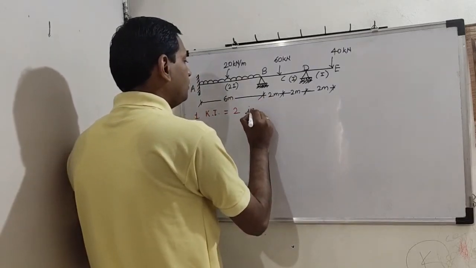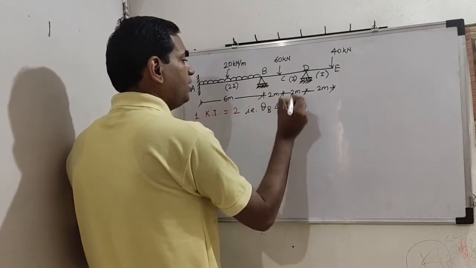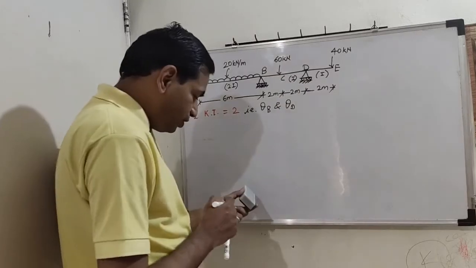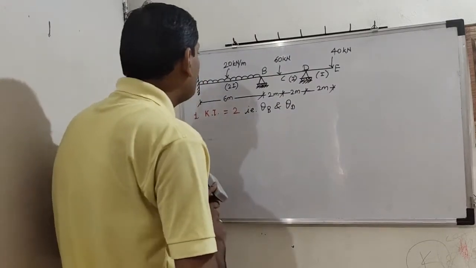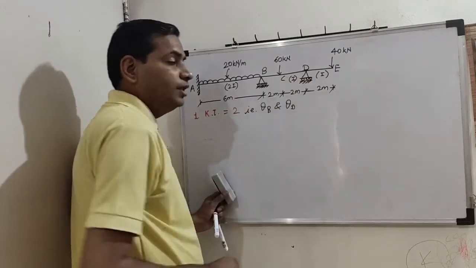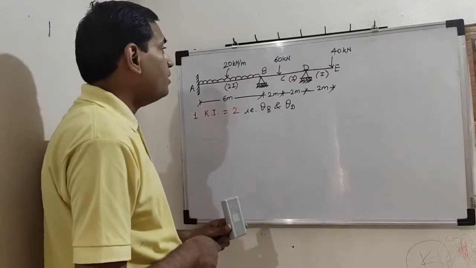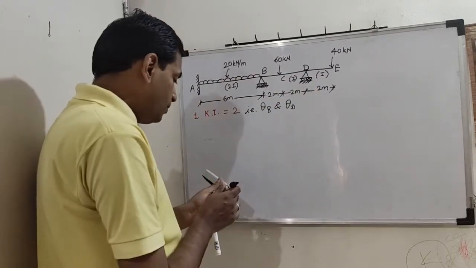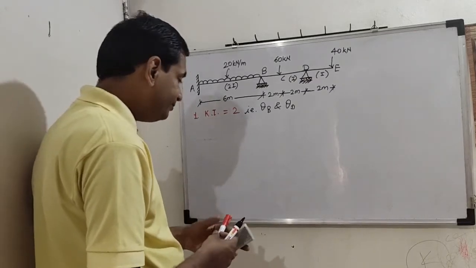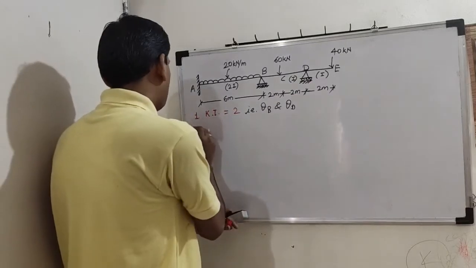Those are theta B and theta D. Some more input is given for us and that input is 2I, 1I. It means the moment of inertia of this AB beam is 2I. For the rest of the beam BDE it is 1I. So there is a change in depth. Now second step, as usual, fixed end moments.